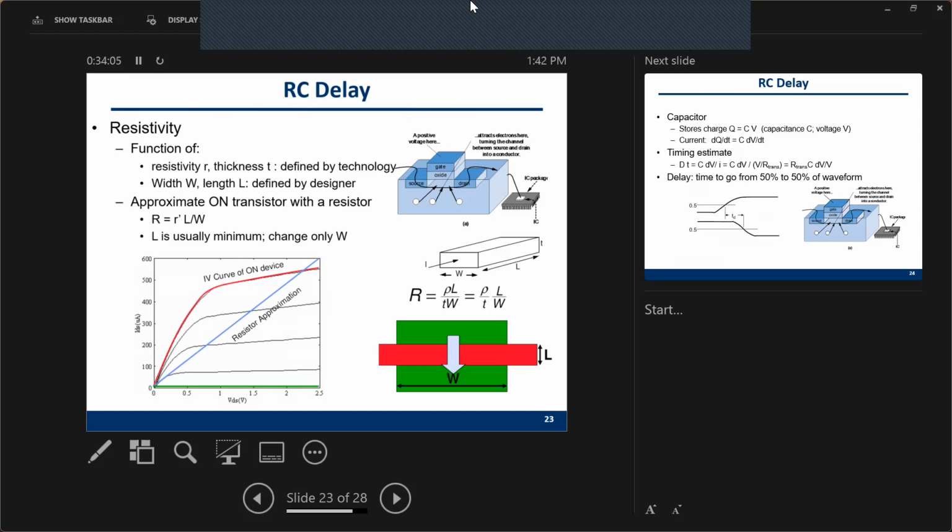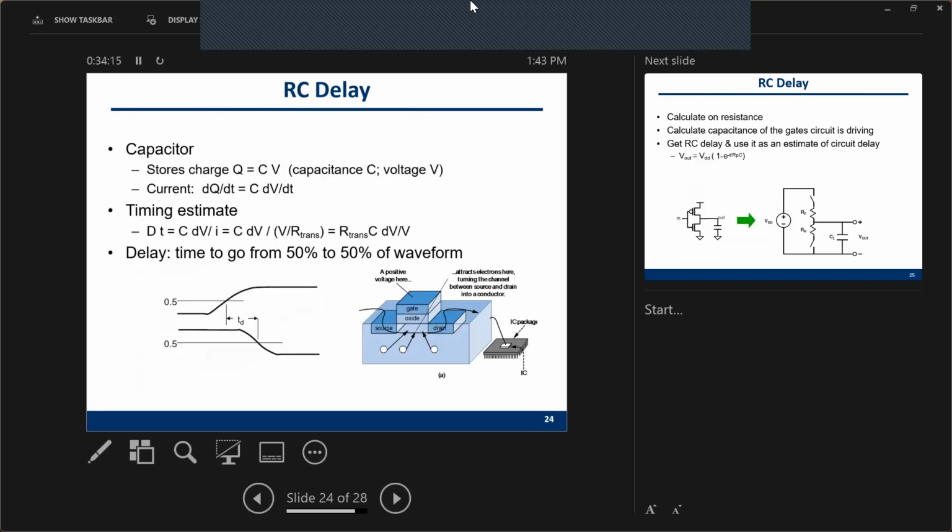So when you use a different process technology, when you change the length and the width of the gate, you need to recalculate the resistance. And we also have a so-called capacitance. So this is the equation for the capacitance. Because of the resistance and the capacitance, eventually we will have the RC delay.